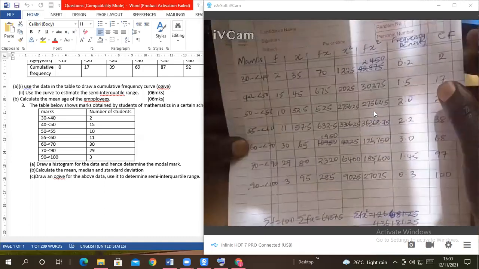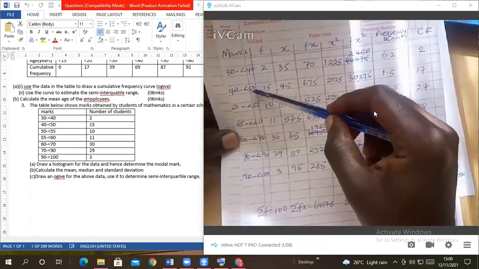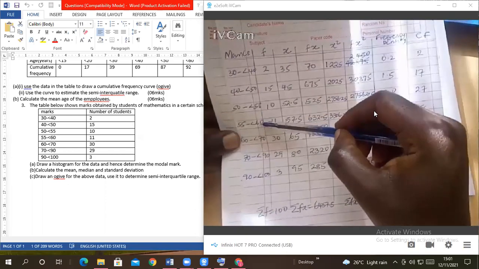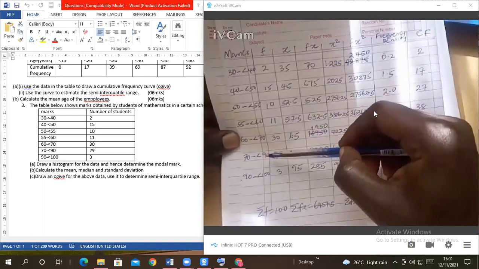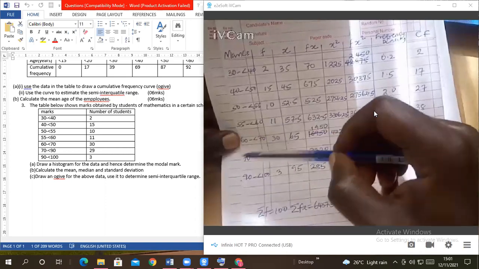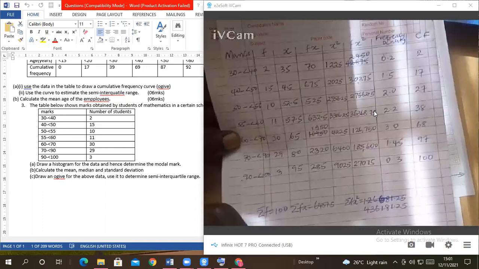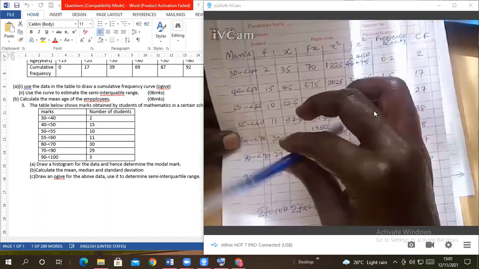I wrote this, members. 30, 40, 50. I've not written 55, but I've written 60, 70, 80, 90, 100. There's a reason why I've added that 80. We are going to see shortly.